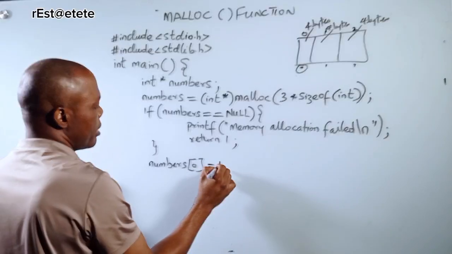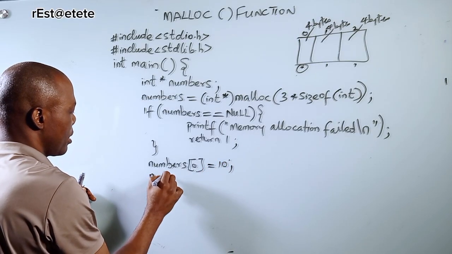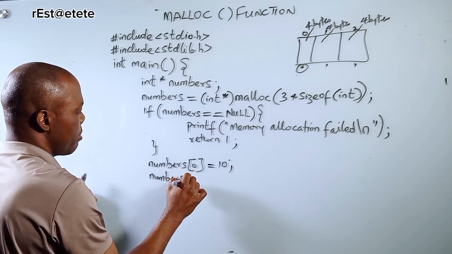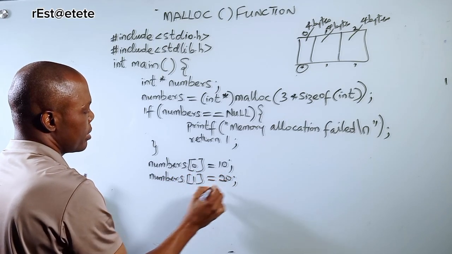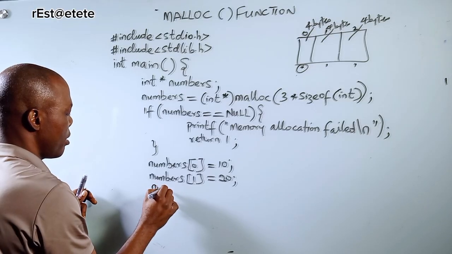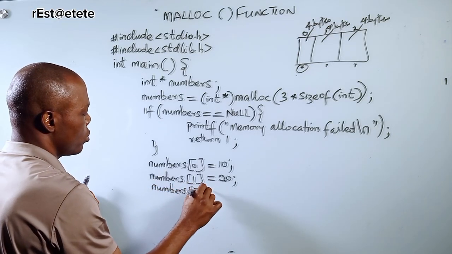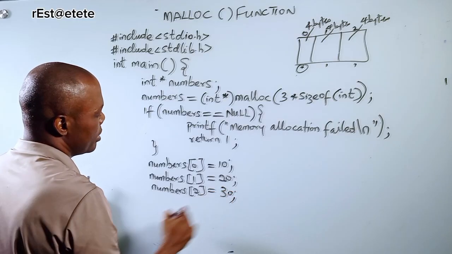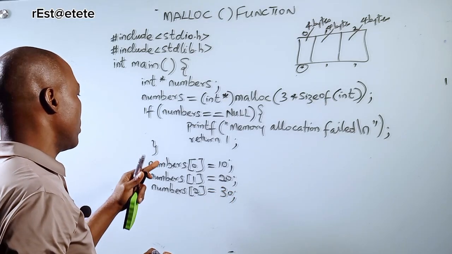So at 0, here I'm assigning 10 to it. Then numbers 1, I'm assigning 20 to it. Then numbers 2, I'm assigning 30 to it. Okay, so I have done this.